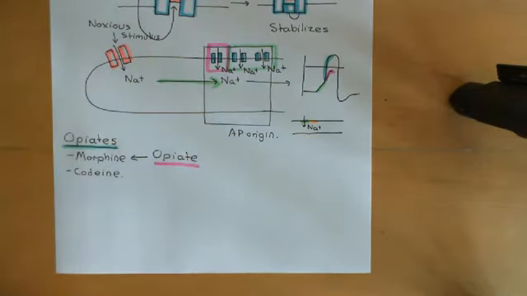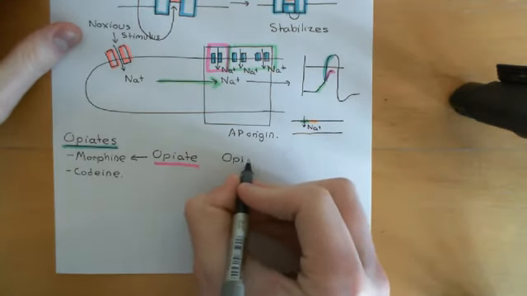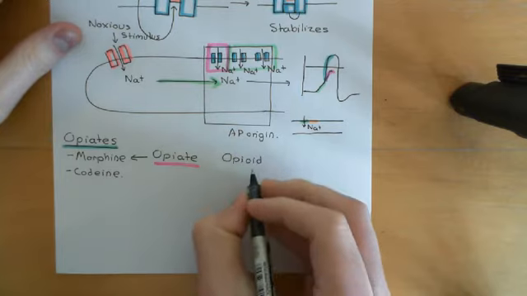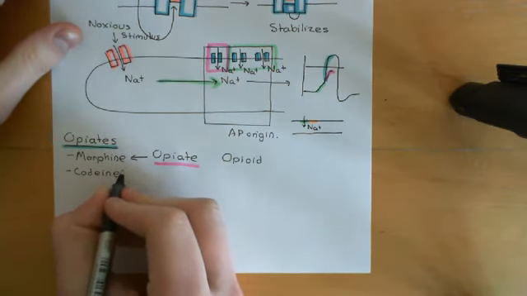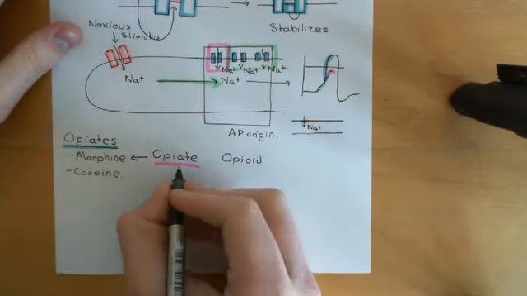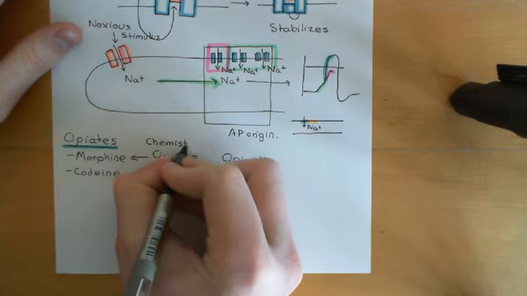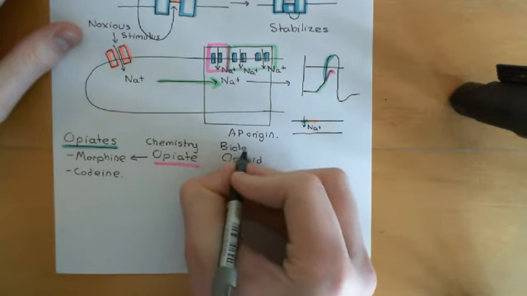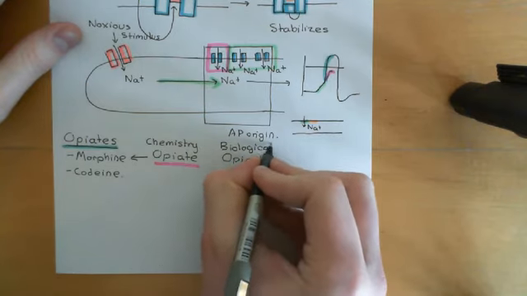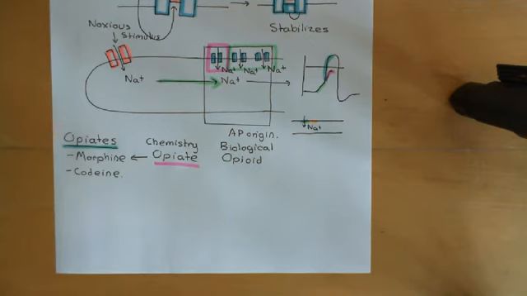Whereas opioid is biologically based: an opioid is a molecule which produces in the body a similar effect to morphine. So opiate is really a chemist's definition, and opioid is the biological definition of any molecule which has a similar effect to morphine on the body.